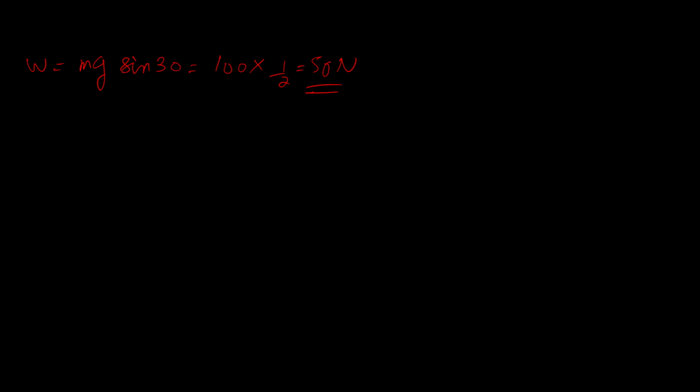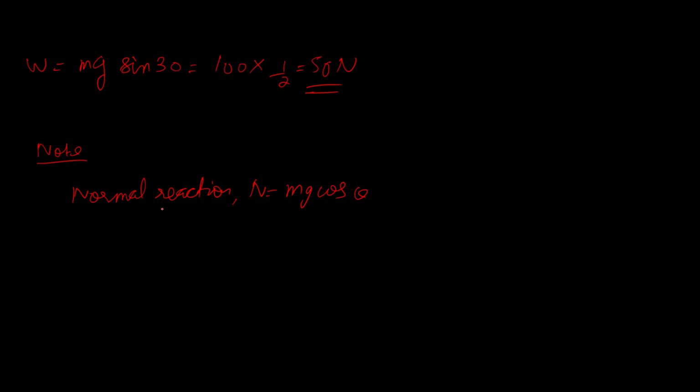Write this down as a note. While finding the normal reaction in such cases, we should be careful. In this case, the normal reaction will be N equal to mg cos theta. So if you see a similar question in future and they ask you to find the normal reaction, we can directly apply this formula, no need to reduce the equations.